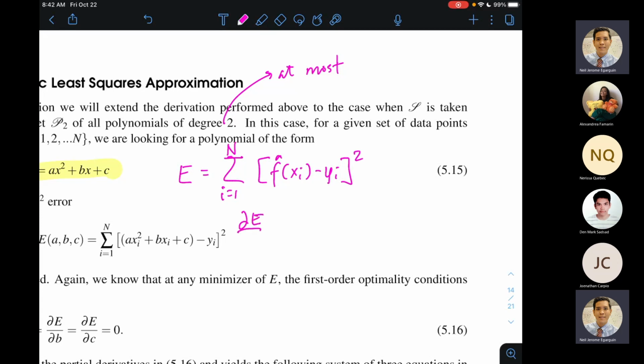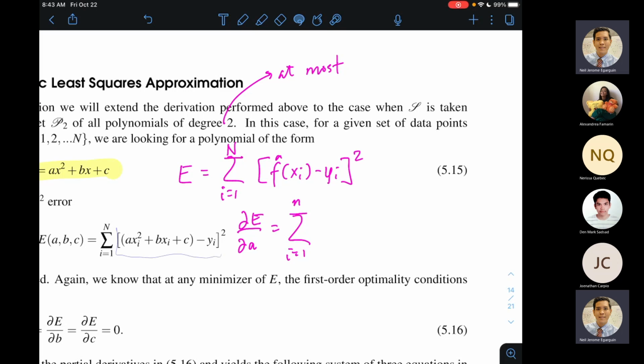Let's try to calculate the derivative with respect to, say, a first, right? So dahil ang differentiation naman ay linear, so yung derivative ng sum ay sum ng derivative, so I can put the summation still here. And then I'll differentiate this guy. Pag dinifferentiate ko siya, siya ay something squared.